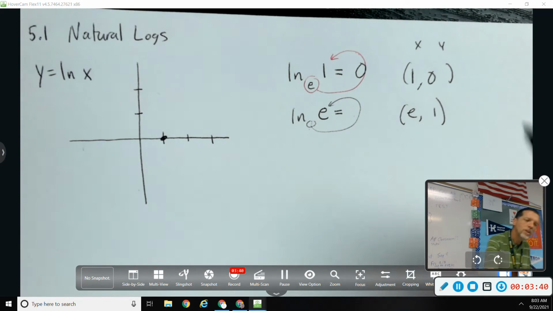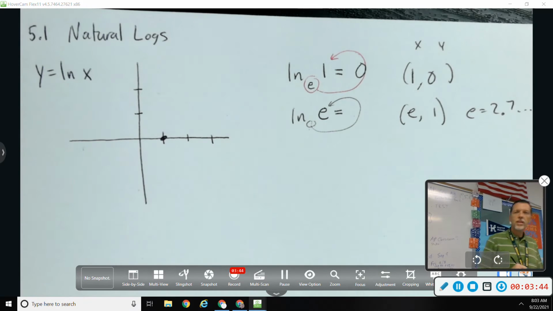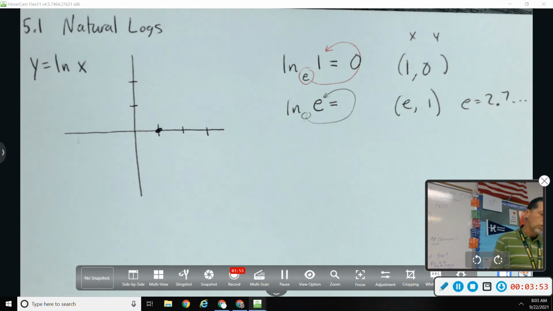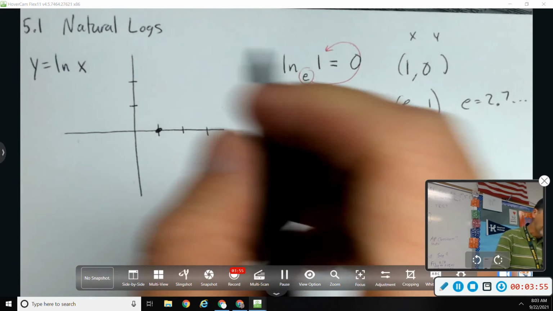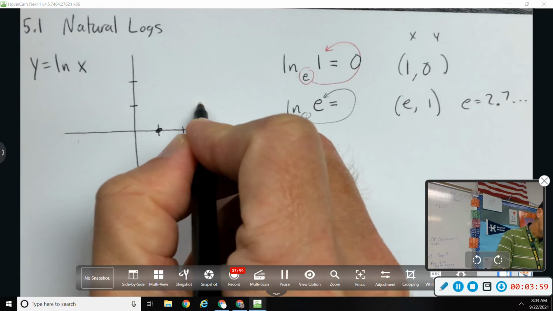It's like 2.7-something. e is a number kind of like pi in that it's a weird decimal that never ends. They come from different places, but they're weird decimals that never end. So 2.7-something is plenty accurate for a graph. So (e, 1), 2.7-ish, up to 1.